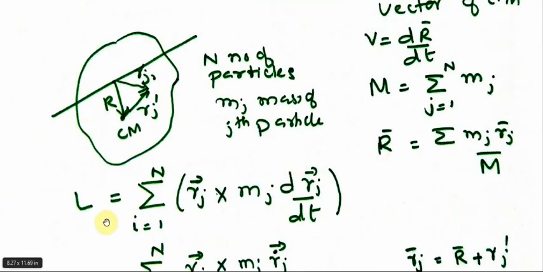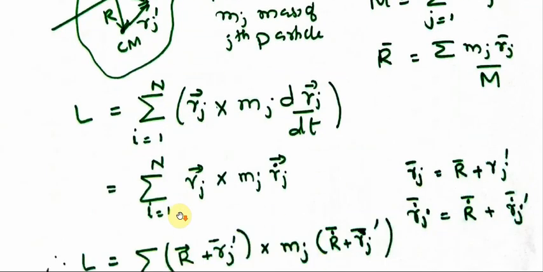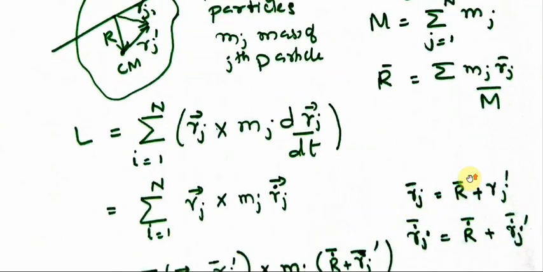The angular momentum L is equal to the sum of rj cross mj drj by dt, and drj by dt will give you the velocity of that particular particle about this axis. Vector rj is r plus rj prime.